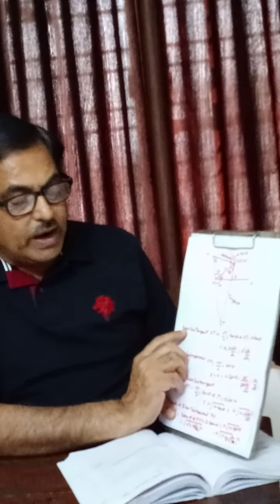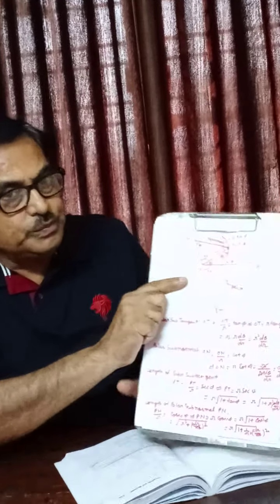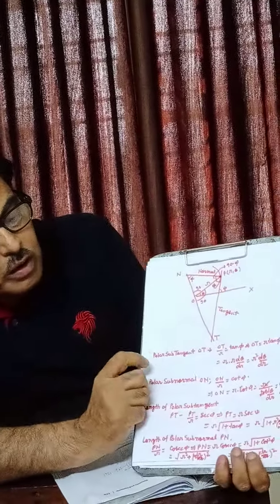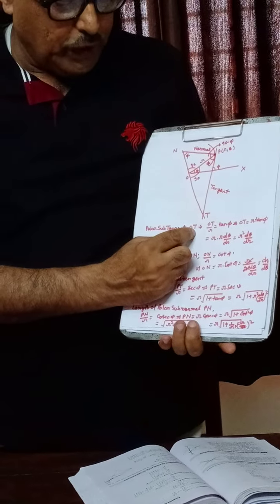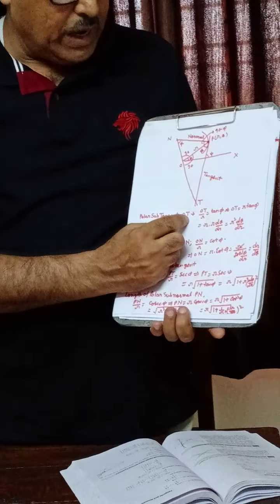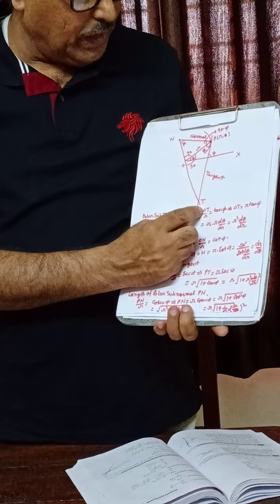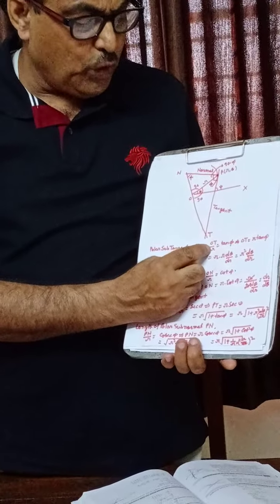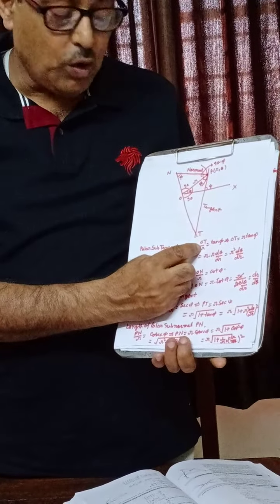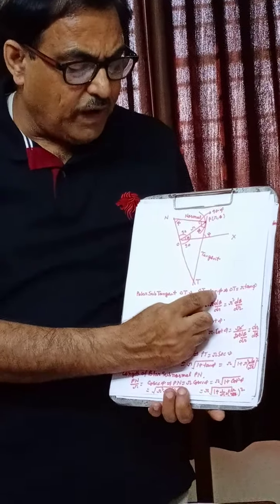Now we find, clearly here from the figure, the polar subtangent is OT. From the right angle triangle OPT, OT upon r, where r is the length of OP, is equal to tan phi.